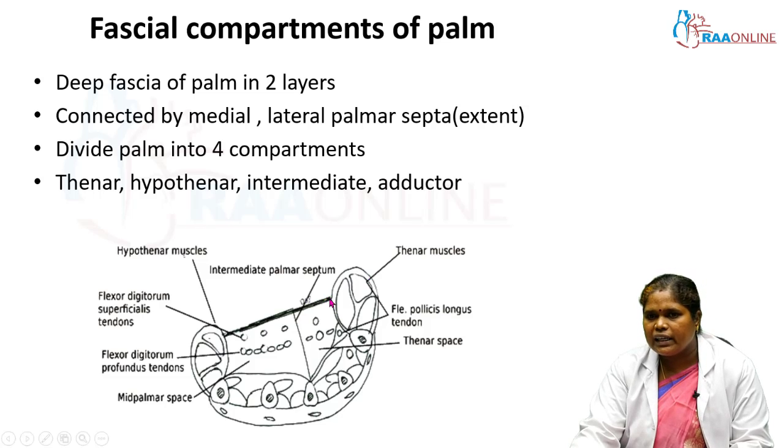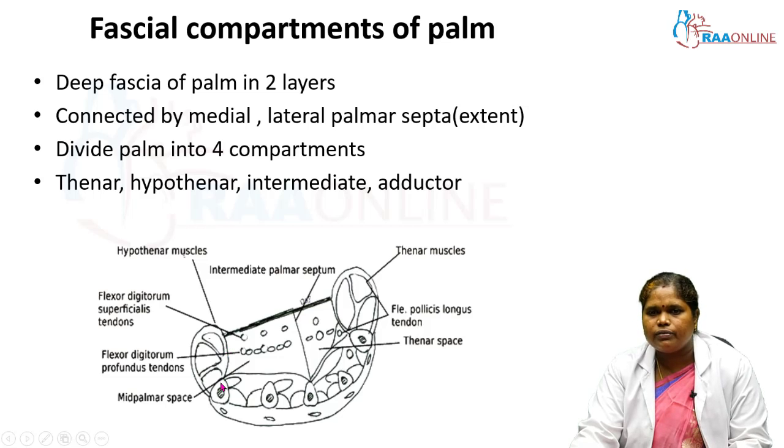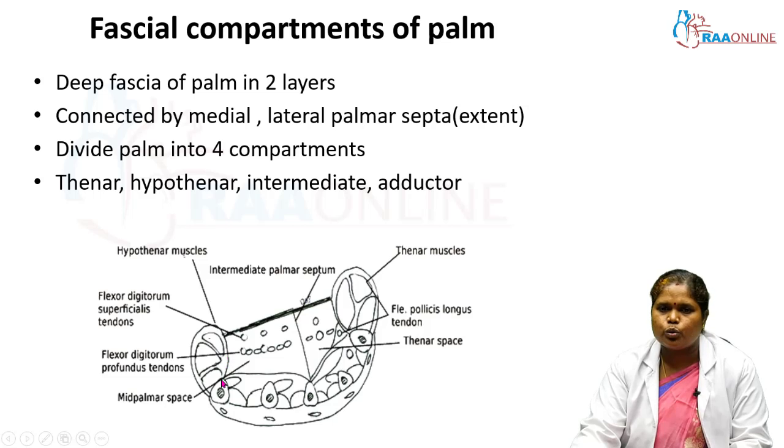From the lateral edge of the palmar aponeurosis, I told you there will be a fibrous septum extending to the first metacarpal bone, and this septum is known as the lateral palmar septum or thenar septum. Likewise, from the medial edge of the palmar aponeurosis, another septum extends vertically and is attached to the fifth metacarpal bone, and this septum is known as the hypothenar septum or medial palmar septum.